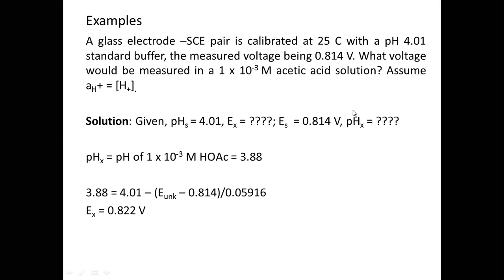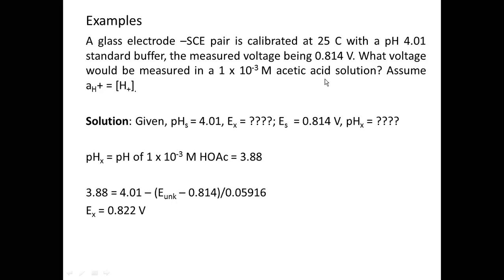Right? The pH of X is not known. Because the concentration of acetic acid is given, you have to calculate the pH. For acetic acid, pH is not equal to the negative logarithm of the hydrogen ion concentration, so we have to use the dissociation equilibrium. Acetic acid in aqueous solution will dissociate to give acetate ion, CH3COO minus, and H3O plus. So the dissociation constant will be the equilibrium constant.